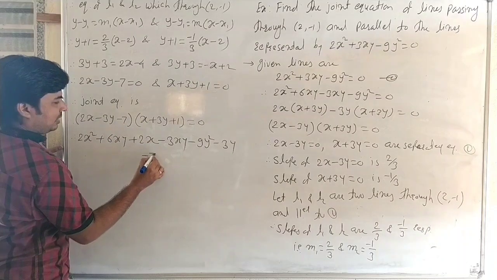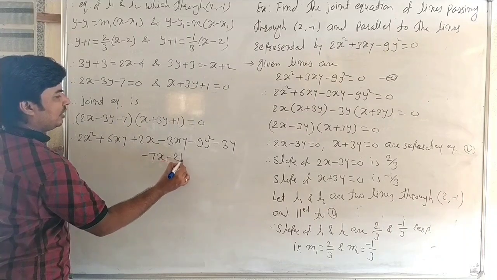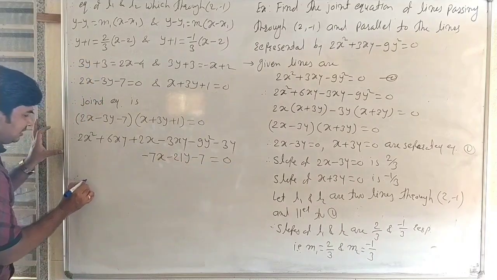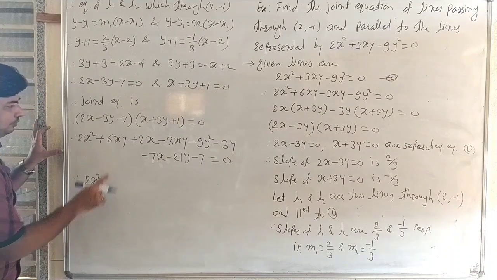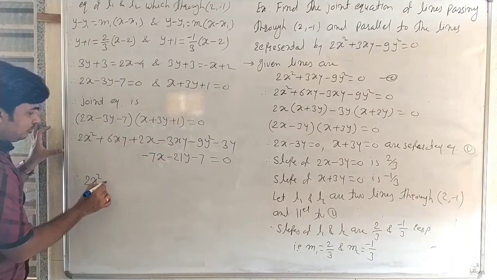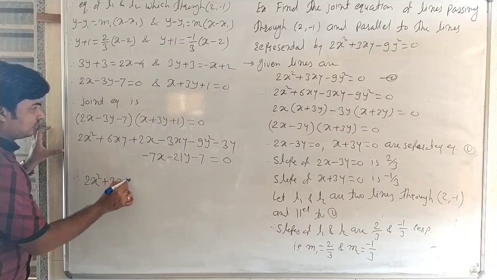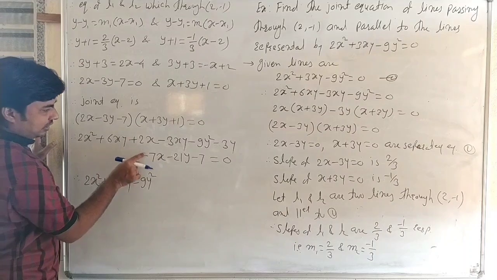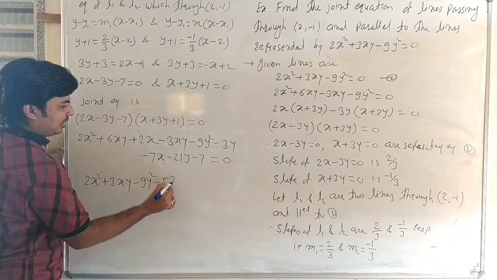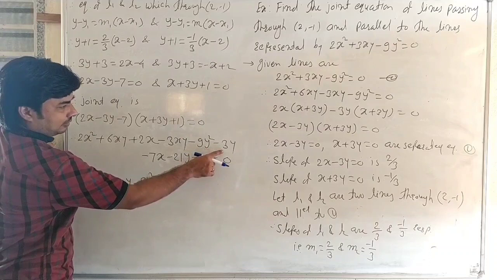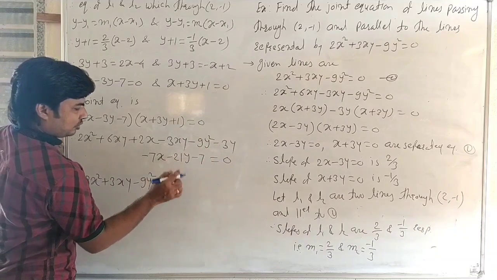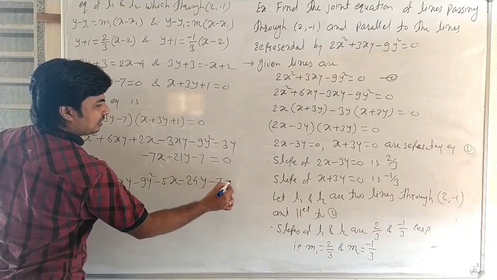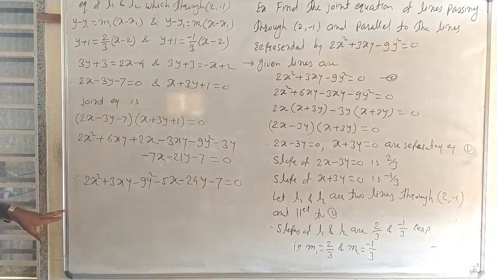Therefore, minus 7x minus 21y and minus 7 is equal to 0. And therefore the last answer is 2x square plus 6xy minus 3xy, which is plus 3xy, minus 9y square. Now x, it is 2x minus 7x, minus 5x. 3y minus 3y and minus 21, therefore it is minus 24y and minus 7 is equal to 0, which is the required combined equation.